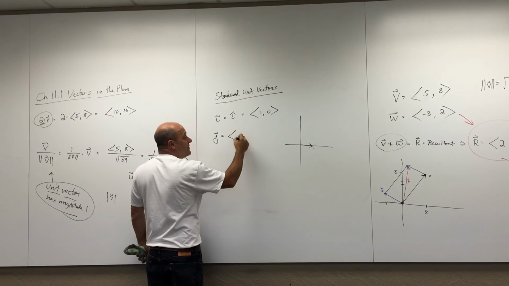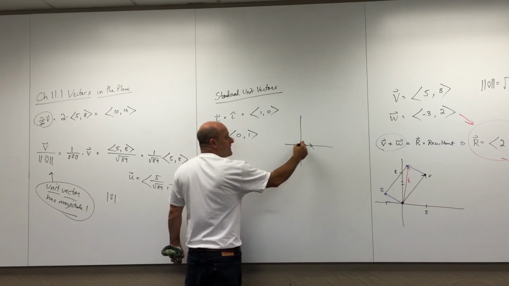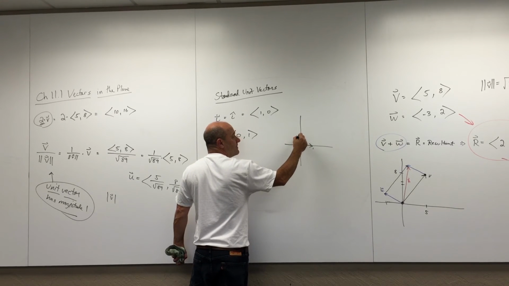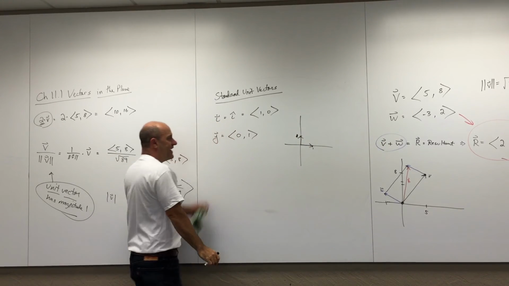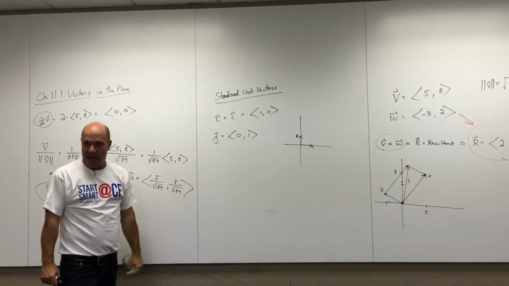Guess what he would be called? 0, 1. That's called j, the standard unit vector in the y direction, j.